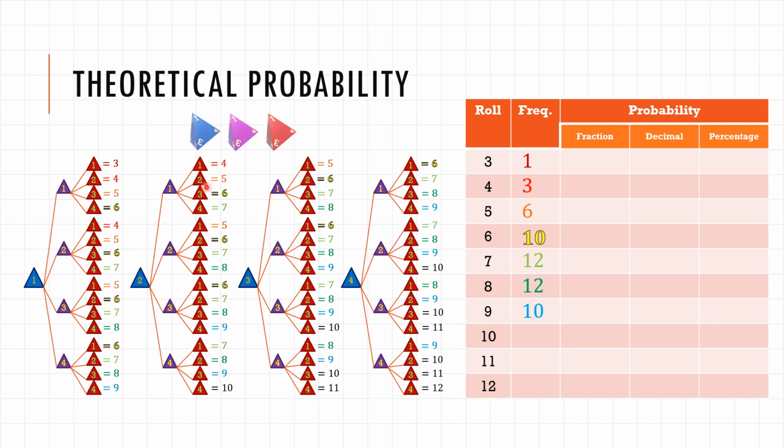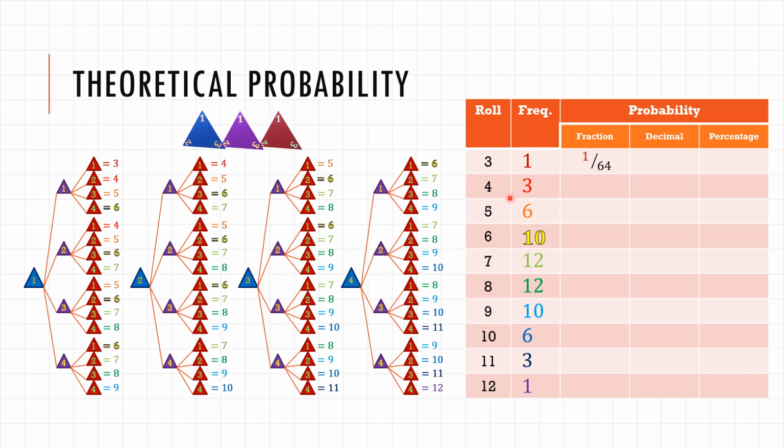10 ways of rolling a 9. 6 ways of rolling a 10. 3 ways of rolling an 11. And just 1 way to roll a 12. So if these are all of the different outcomes, this is how often they pop up. What is all of that as a fraction? What is the probability that I will get a 3? 1 out of 64.